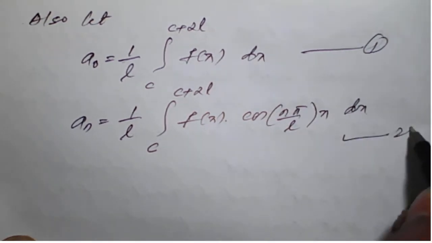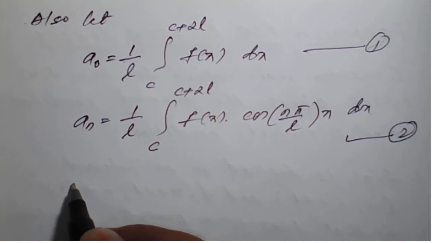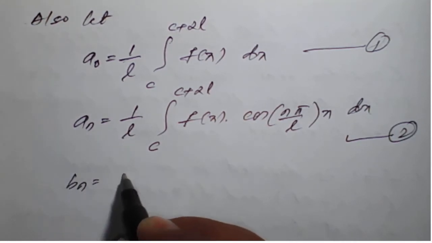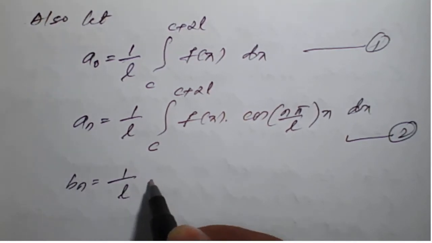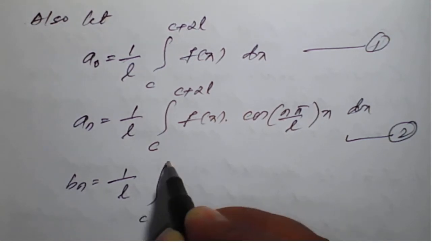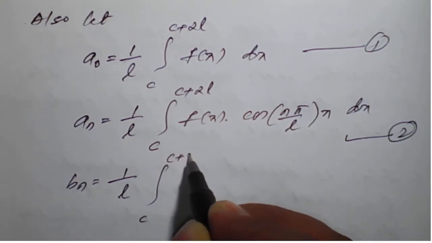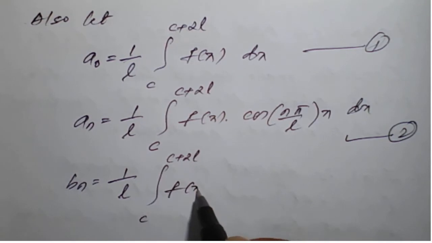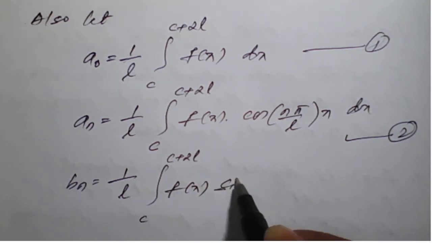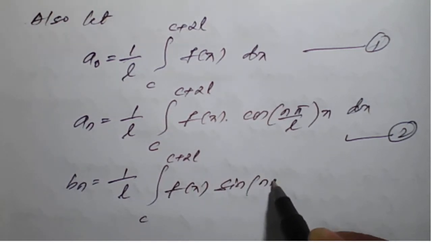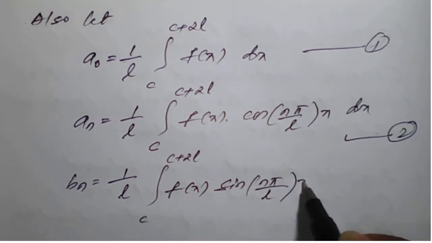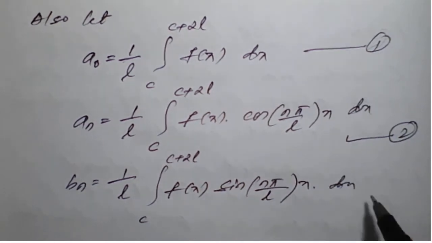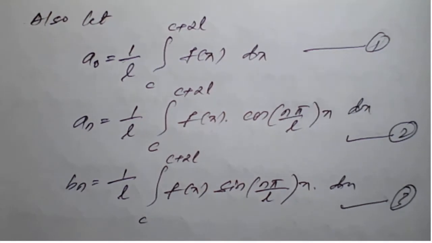Result number 2. b n is equal to 1 upon l integration c to c plus 2l f of x into sine of n pi upon l into x dx. Result number 3.